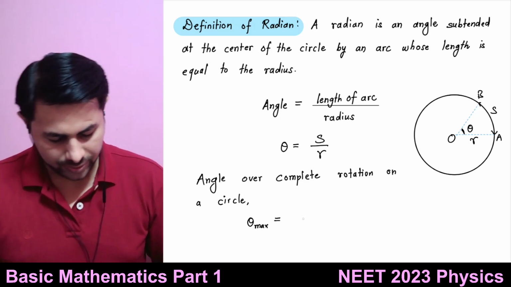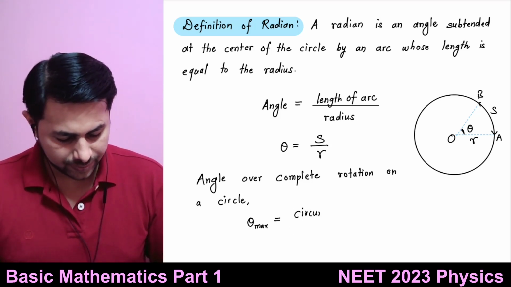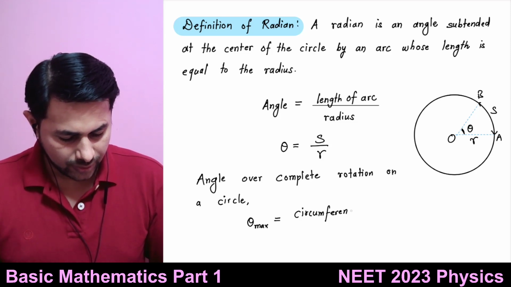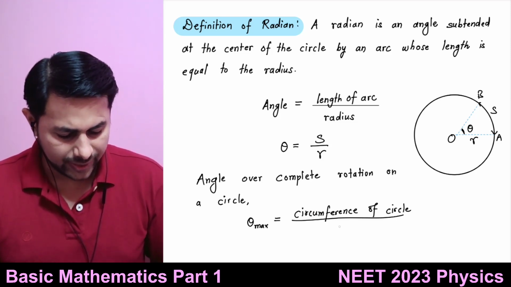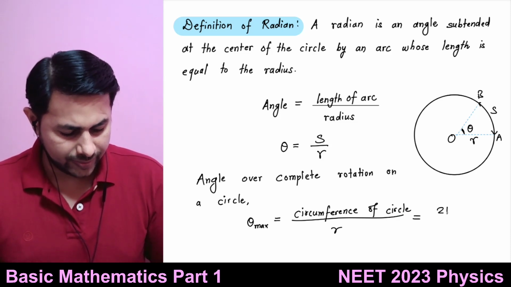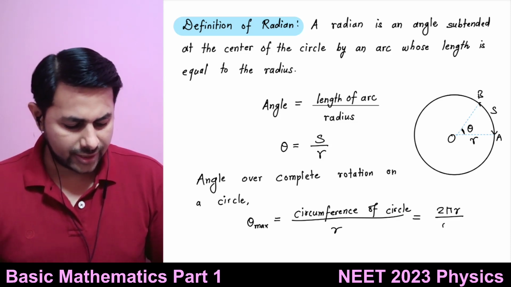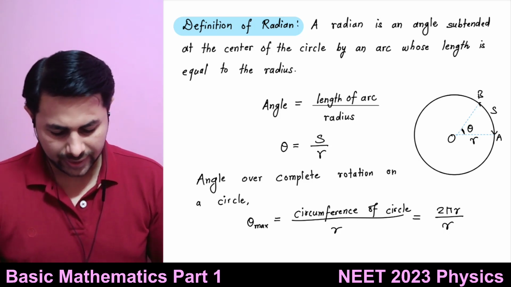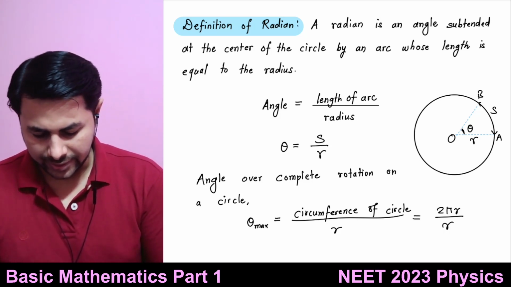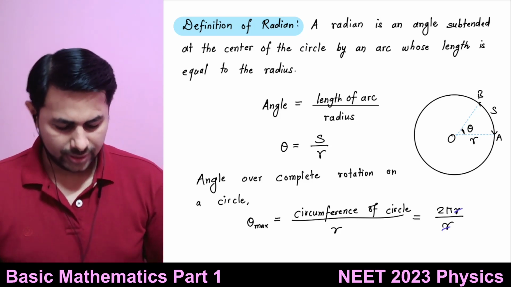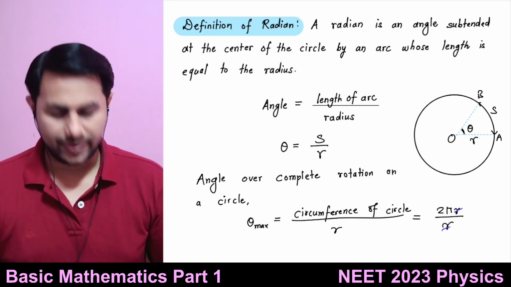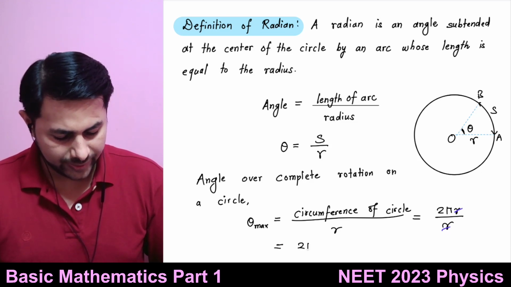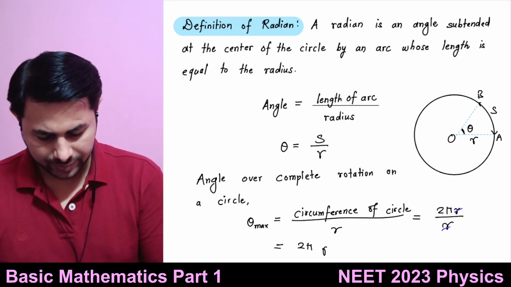So it is the circumference of the circle divided by radius, which is 2 pi r divided by r. This r and r get cancelled out, and the angle we get is 2 times pi, so it is 2 pi radians.